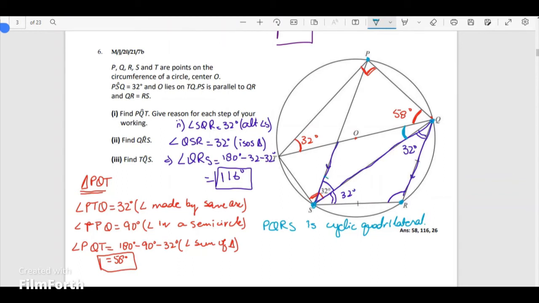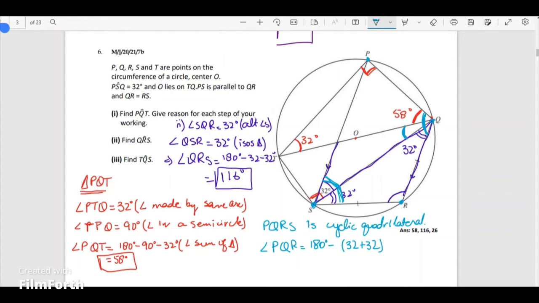So this whole and this whole should be equal to 180 degrees. That means angle PQR would be equal to 180 degrees minus 32 plus 32. Where did I get this 32 from? These two angles added up. This 180 minus this would be this whole angle.